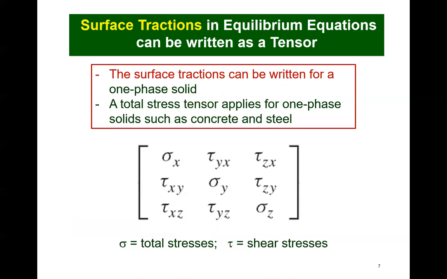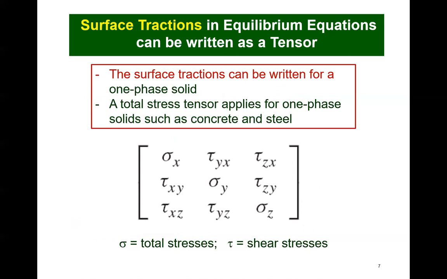Let us consider several possible types of materials, starting with a one-phase solid such as concrete or steel. In undergraduate classes on strength of materials, our students are taught about a stress tensor that contains total stresses along the trace of the tensor and shear stresses for the remaining components.